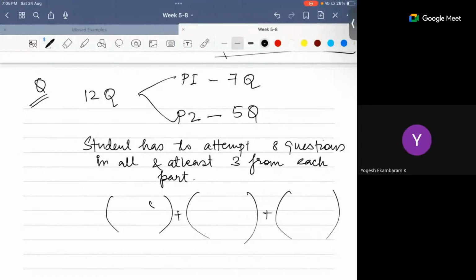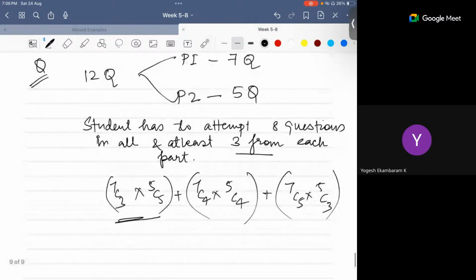So 7C3 multiplied by 5C5. Now the next case can be they attempt 4 questions, so 7C4 into 5C4. What can be the next case? 7C5 into 5C3, because they have to attempt at least 3.